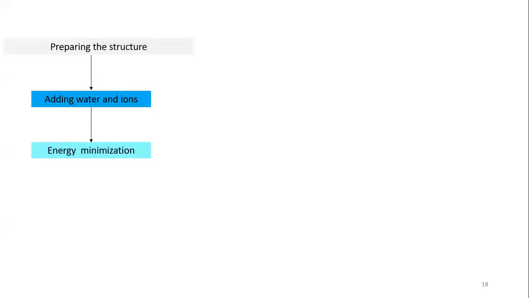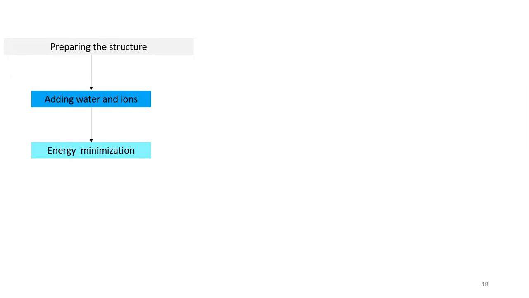The next step is energy minimization. When you prepare a structure and add water and ion molecules, the system contains clashes. The energy of the system is not converged or not good, because in this system all these molecules could clash with each other.